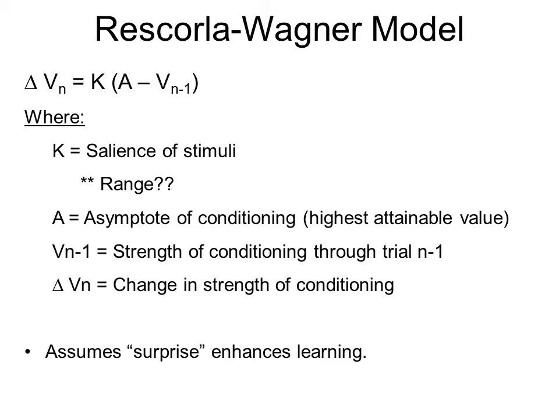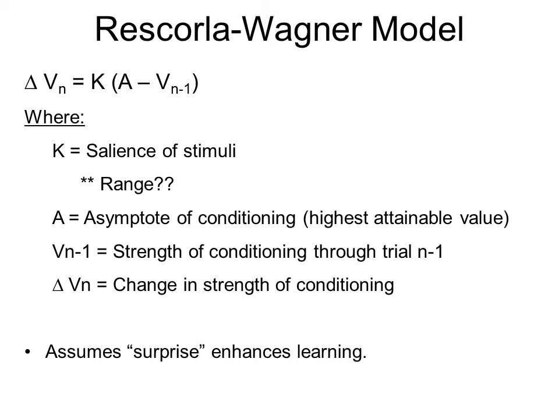Well, it's determined by the strength of the unconditioned stimulus, and of course then the corresponding unconditioned response. So if we're trying to predict the outcome of the conditioned response, we have to have a sense for what the unconditioned stimulus is capable of eliciting in and of itself.